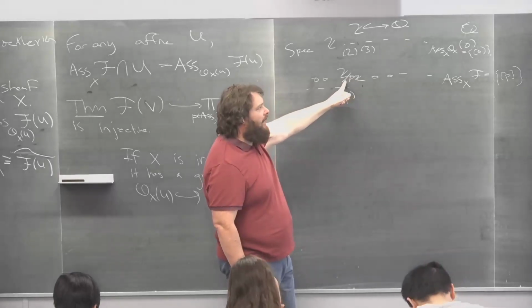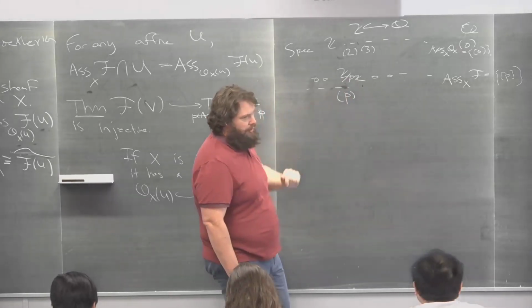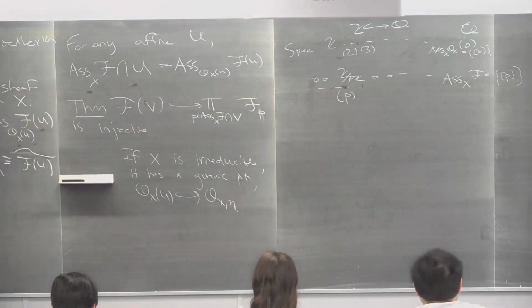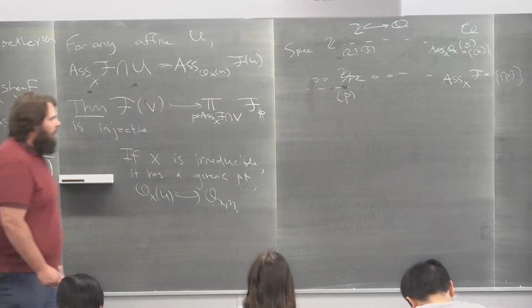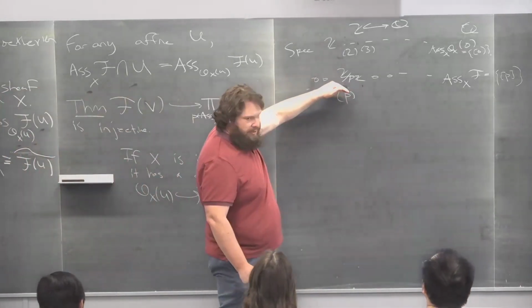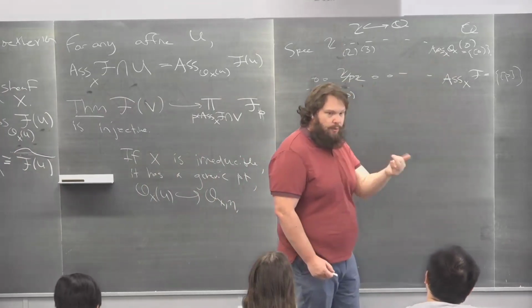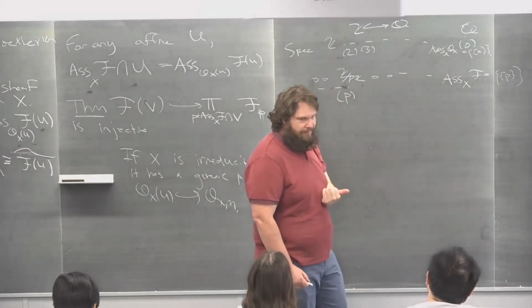The annihilator of any non-zero element here is the ideal generated by p. So those are, in that case, the unique associated primes. And what if I had taken the direct sum of these two guys? Well, then both of these would be associated primes, and I would need to remember both of them.